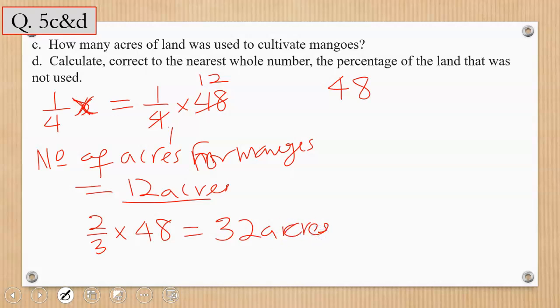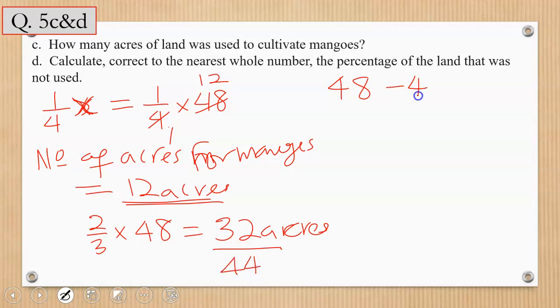The 32 acres for oranges and 12 acres for mangoes together should have given us 48. But if you add 32 plus 12, we have 44.